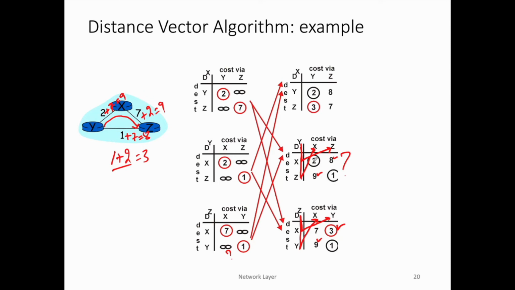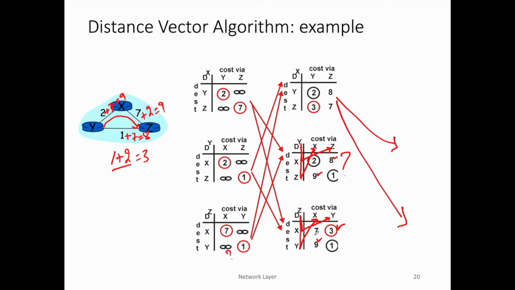No. In terms of the least cost, the least cost is still 2 to reach destination X, and the least cost is still 1 to reach destination Z. But do we have a change in X in terms of least cost? Yes, the least cost has changed from 7 to 3. So this means X will send update messages to its neighbors, Y and Z.